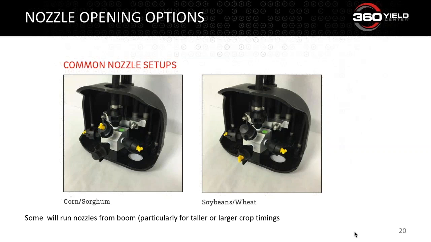Typically for corn and sorghum, as you think about your taller type crops, I really like to cap the back one and run the one at the top that comes back 45 degrees, because it's going to really shoot that solution up into the canopy and give me nice coverage for the top part of those leaves in that canopy. The side ones are going to do a good job on the ear leaf and above and a little bit below.